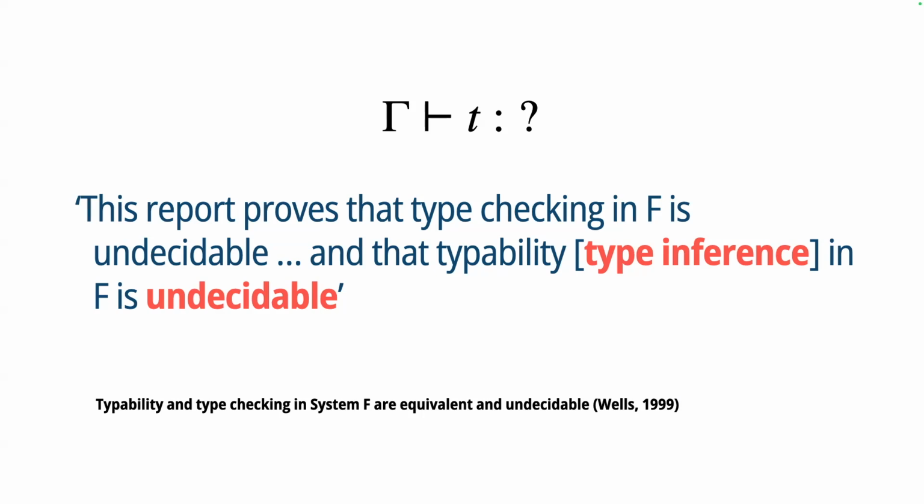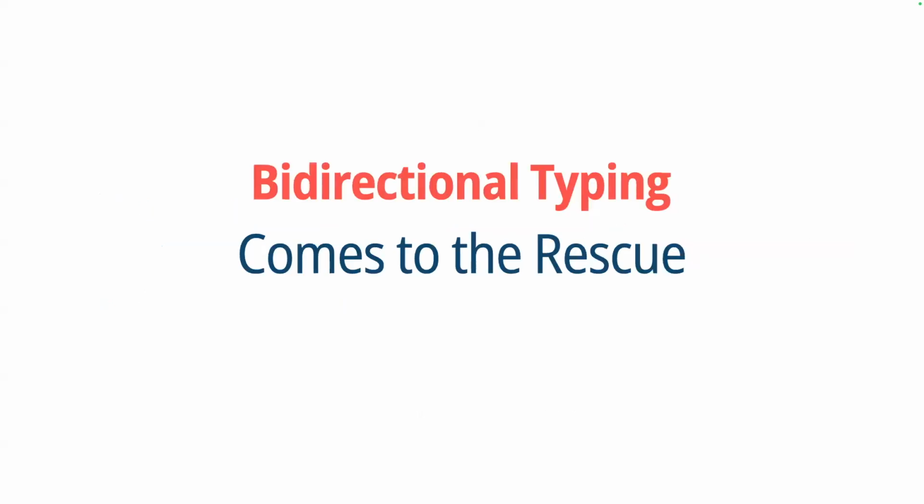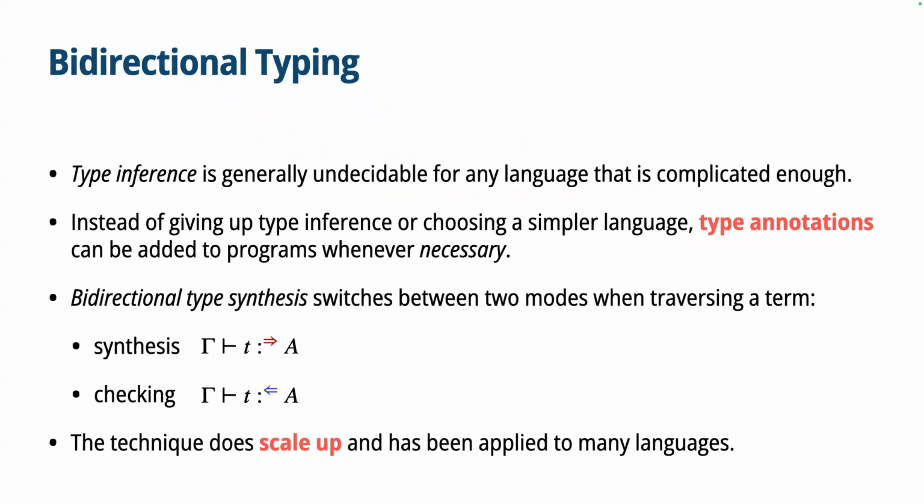And so nowadays, we get used to the fact that we need to give some type annotation to the terms that we are writing down. That is also useful for documentation purposes. So here is the idea.